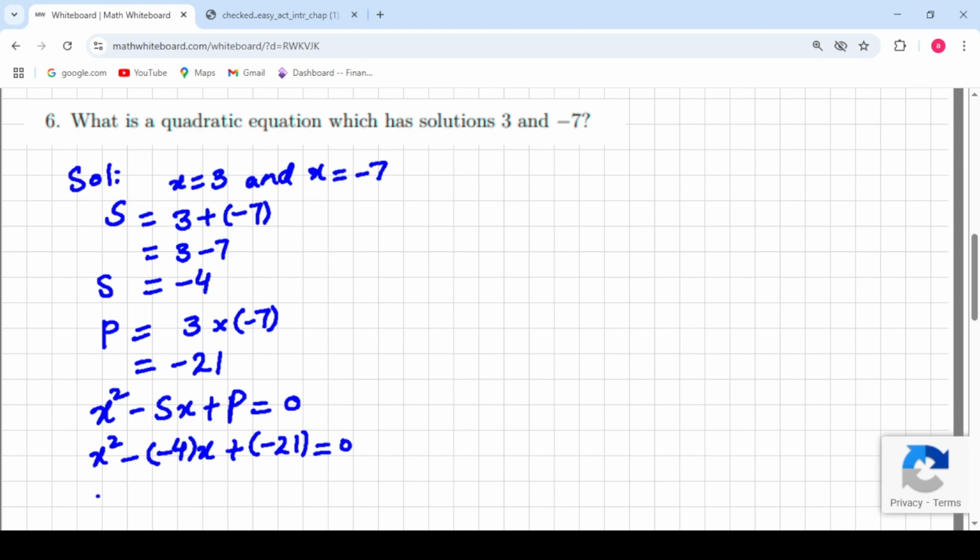So if you simplify it, minus multiplied by this minus is plus, 4 multiplied by x is 4x, and plus multiplied by minus is minus, 21 equal to 0. So this is the equation which has the solutions 3 and minus 7.